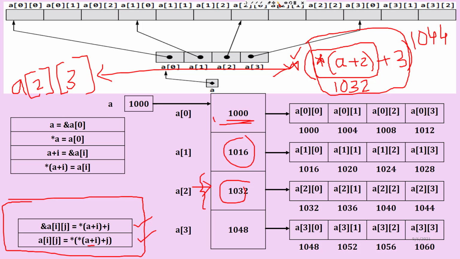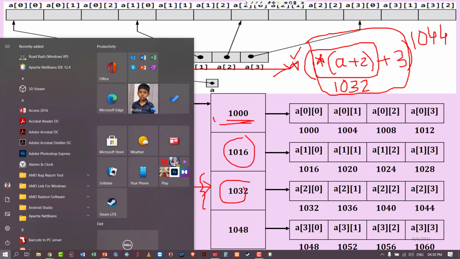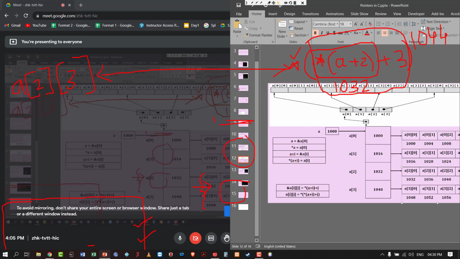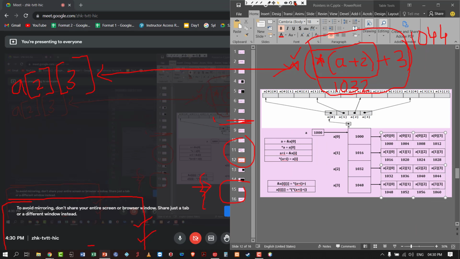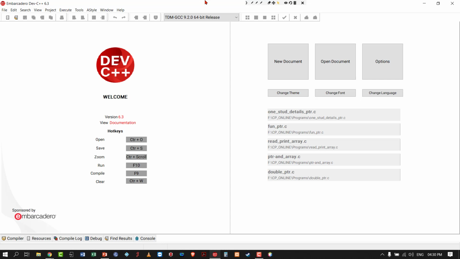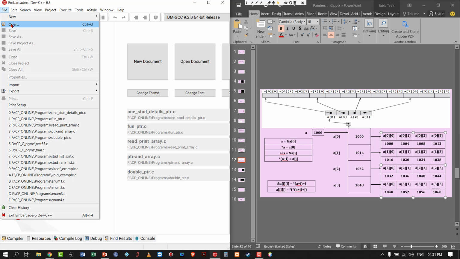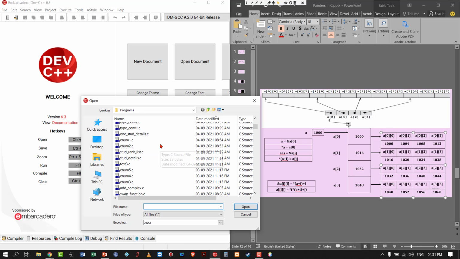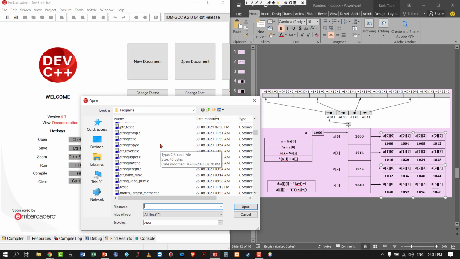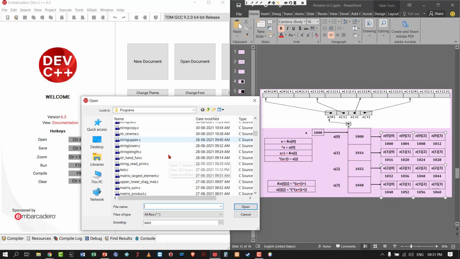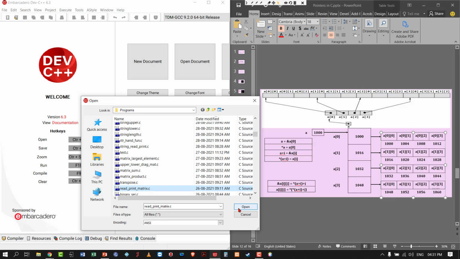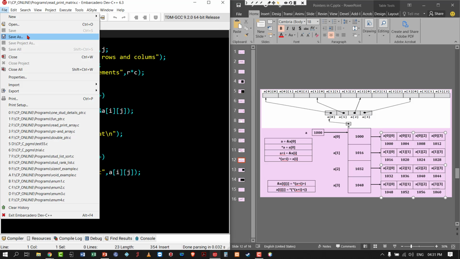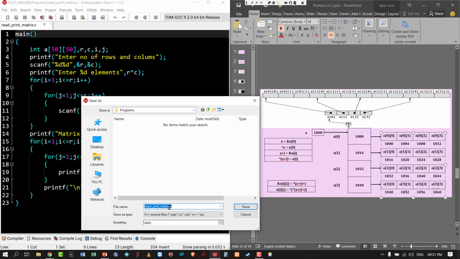I am not going to write any new example programs. I will just modify one of the earlier programs. We already studied the program to read and print a two-dimensional array. Read and print a matrix in pointer notation.